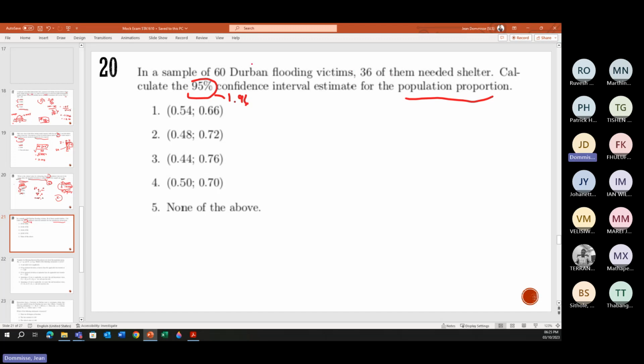Let's look at it first: in a sample of 60 Durban flooding victims, 36 of them needed shelter. So first we're going to work out what the p is. 36 divided by 60 gives me 0.6. When I look at a confidence interval, there's my lower one, 0.6 is going to be in the middle, and then there's my upper confidence interval.